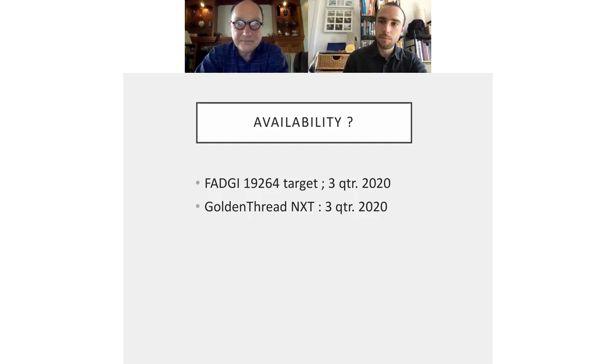Will you be introducing a function to do batch processing of targets in the new version of GoldenThread? For example, running 10 targets at once instead of individually. We already have that, actually. There's an automatic mode in our software, and that automatic mode will run on both device targets and object level targets.